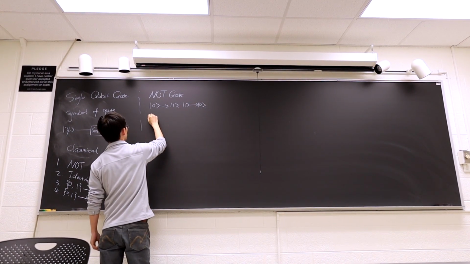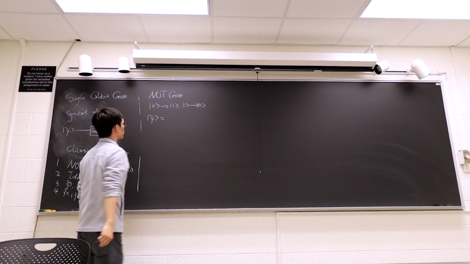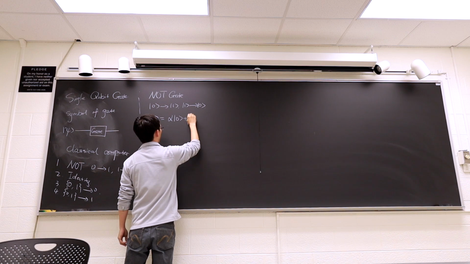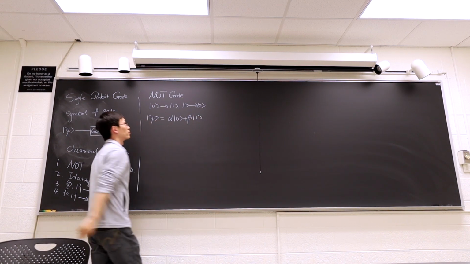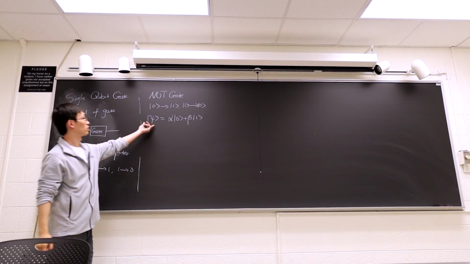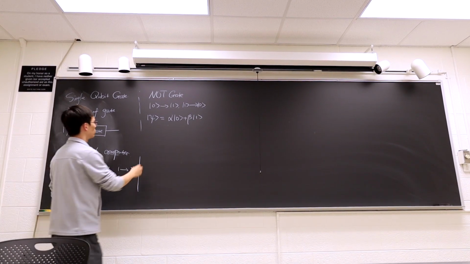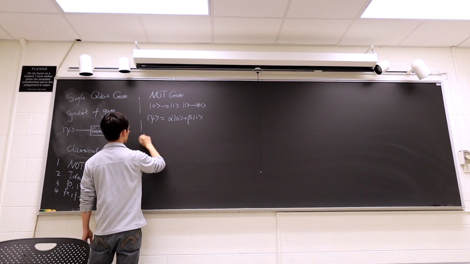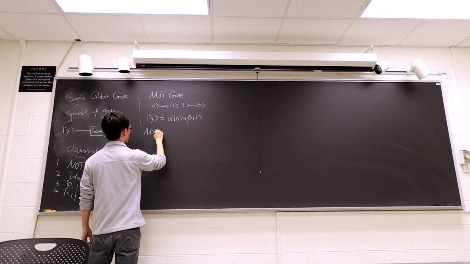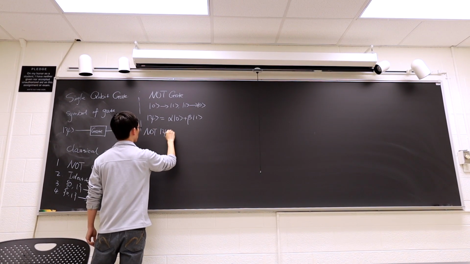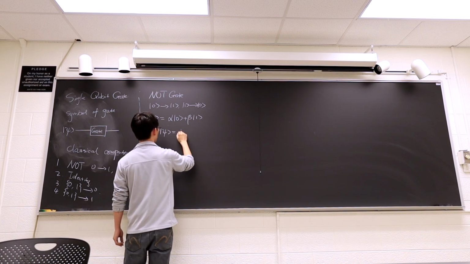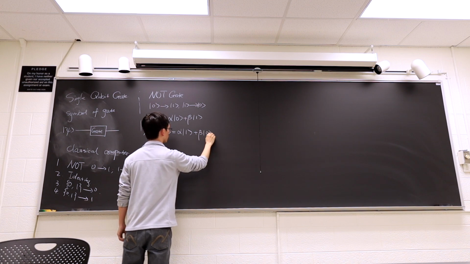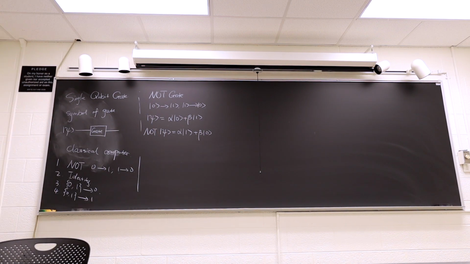So if you have a state that looks like this, alpha, this is a typical single qubit state. After the NOT gate, you just switch 0 and 1.